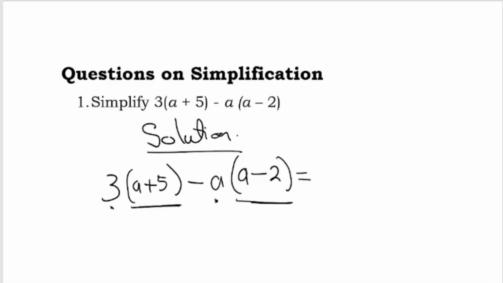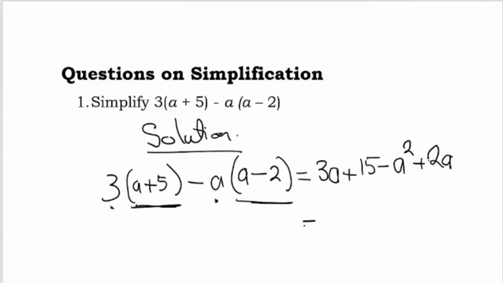And so when we start with the first part, we have 3 times a will give us 3a, then plus 3 times 5 will give us 15. And then the second part will be a times a will give us minus a squared. Minus a times minus 2 will give us plus 2a.